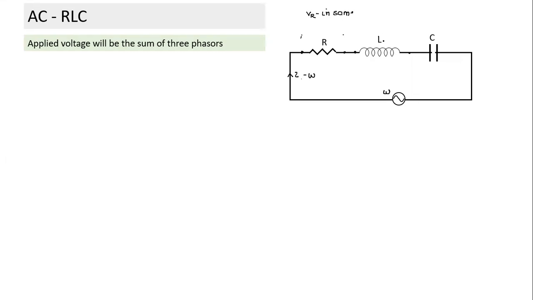So when the voltage across the inductor is 0, this will be at maximum. And when this is at maximum, this is at 0. So this voltage, VR, is in the same phase as current. This VL leads by 90 degrees. And here VC will lag by 90 degrees.